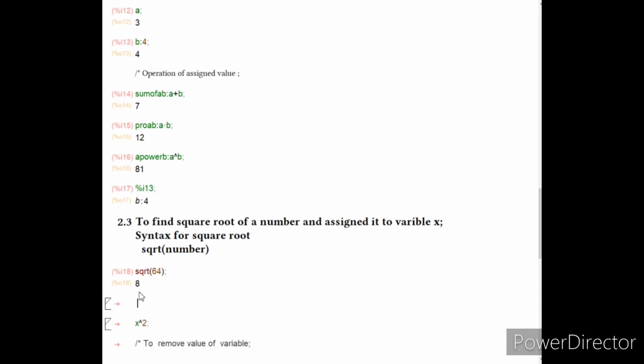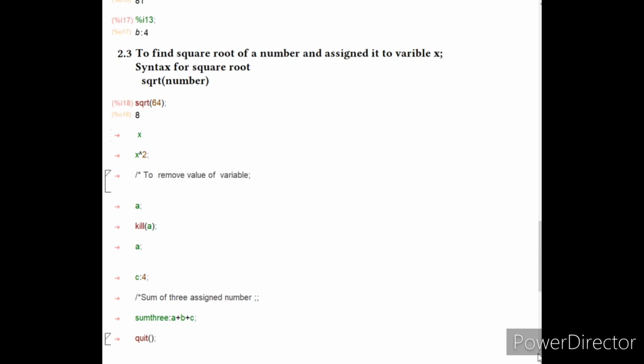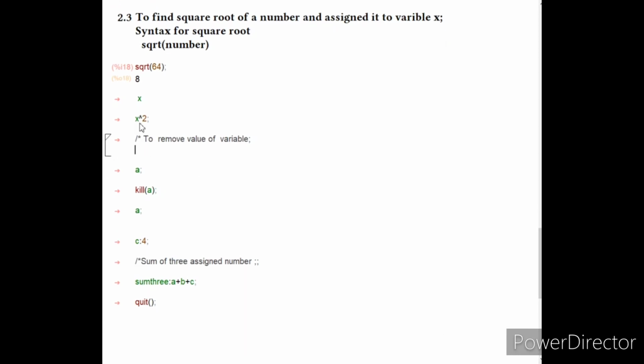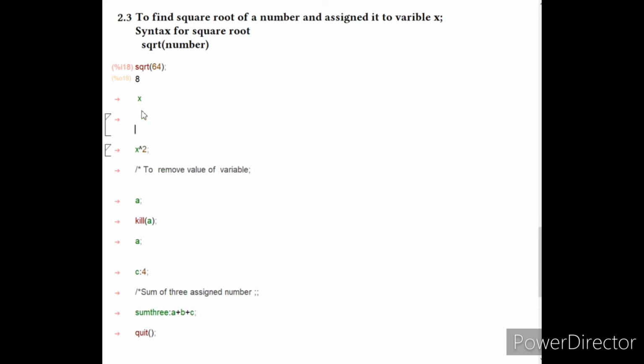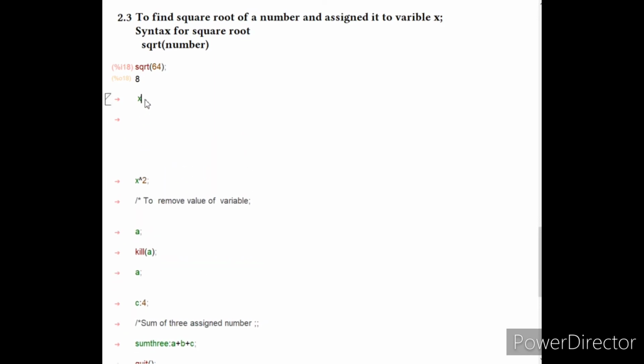So how will you do this? You will take the square root of this number and write here the variable name. The variable name is my x. I am assigning the value, so I will put here a colon, and the square root of 64, and then a semicolon, control enter.